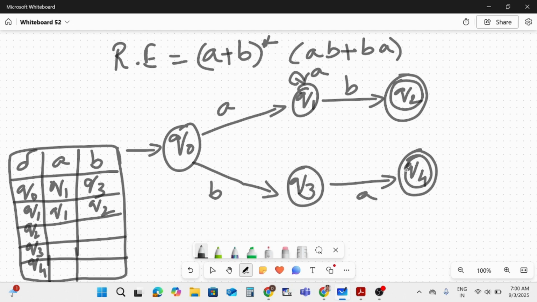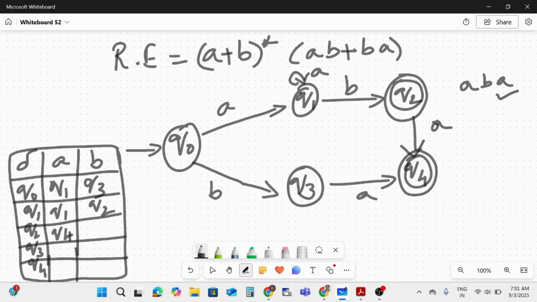Since we have 2 final states, by the time we reach q2 from the initial state we have the input ab, and when one more a comes, this should go to a final state. Hence we send it to the q4 state. So q2 upon consuming input a goes to q4.